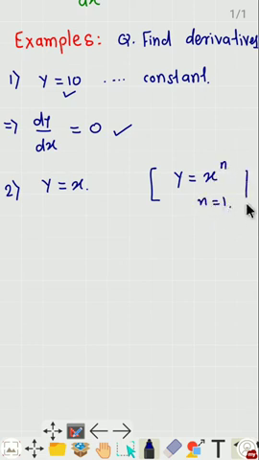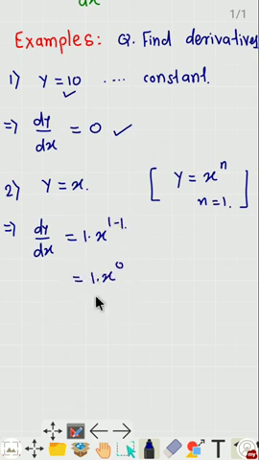Therefore the derivative of this function, dy by dx, is 1 into x raised to the power 1 minus 1, which is equal to 1 into x raised to the power 0, and that is equal to 1. So dy by dx is equal to 1. Our function is y equal to x and its derivative is 1.